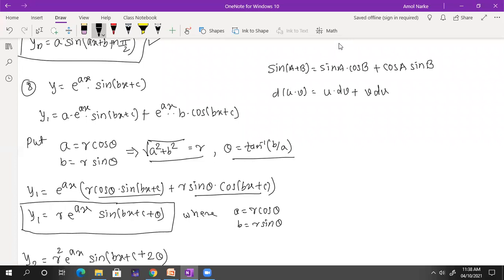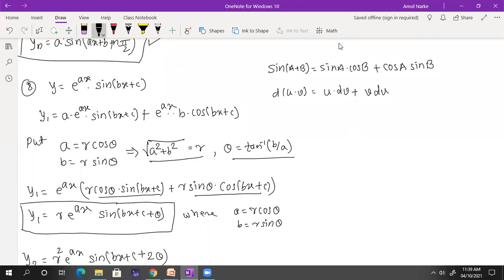These are the important ones. Does everyone understand this?